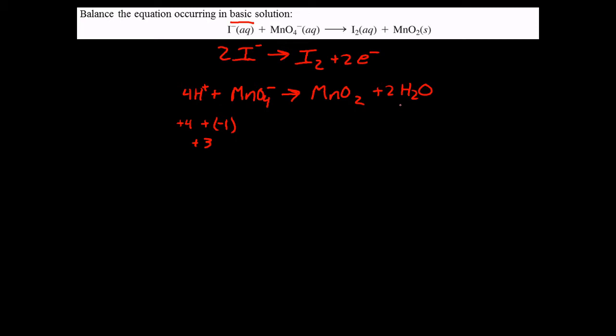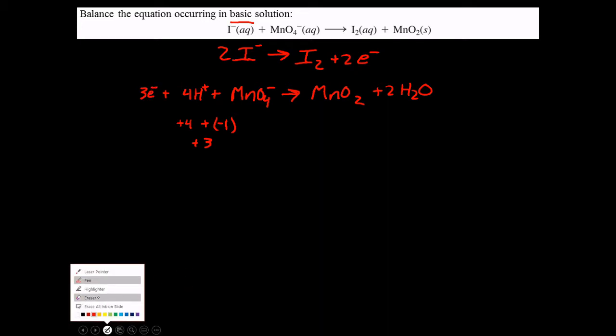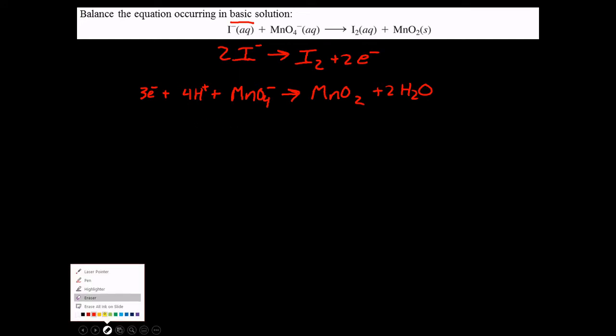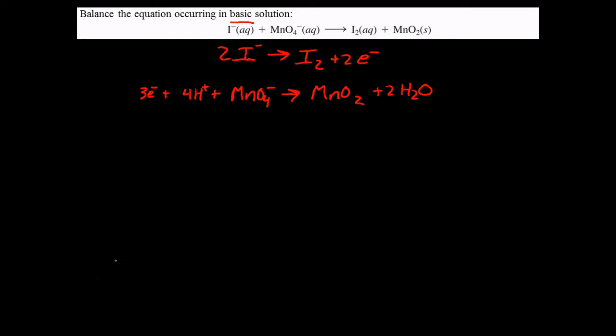So because we have 0 over here, plus 3 here, we need to add 3 electrons to the left side of this equation so that, again, the side with the higher charge is lowered down to the same level as the lower side.